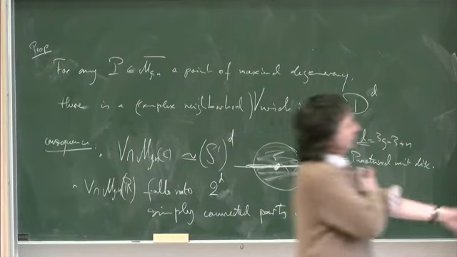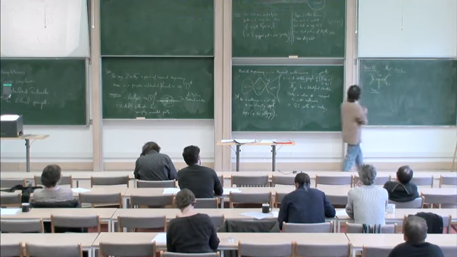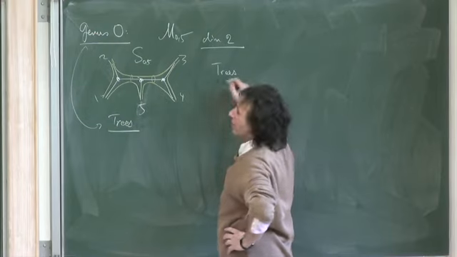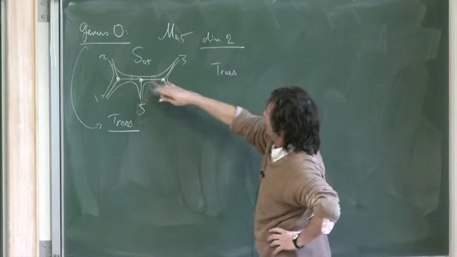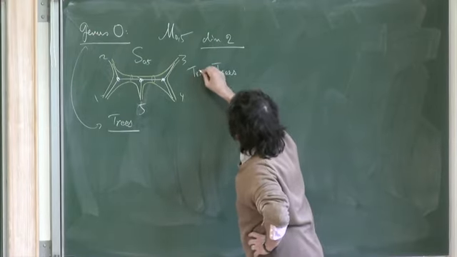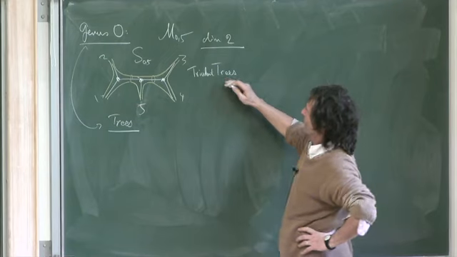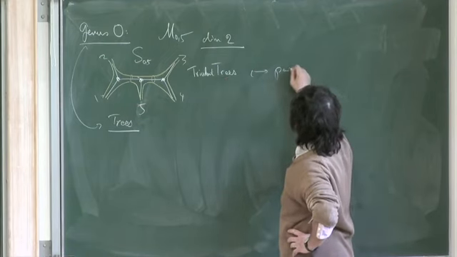So now, what does this tell you? It tells you that you have trees. These trivalent trees, which we see so often in the program. This trivalent tree corresponds to points of maximal degeneracy.